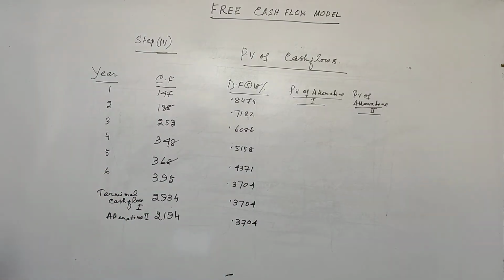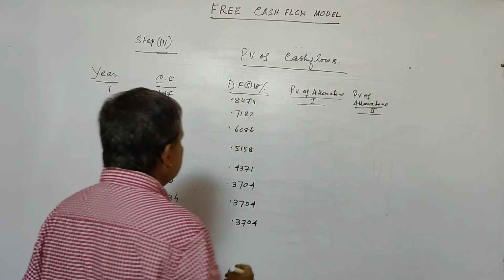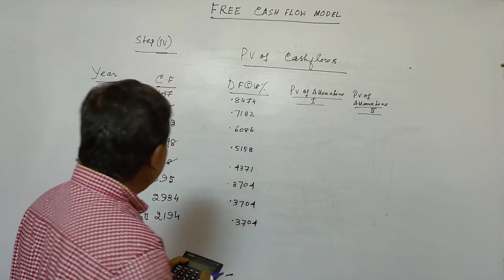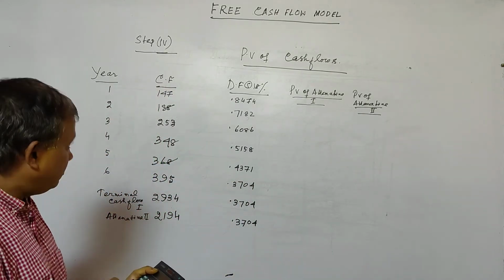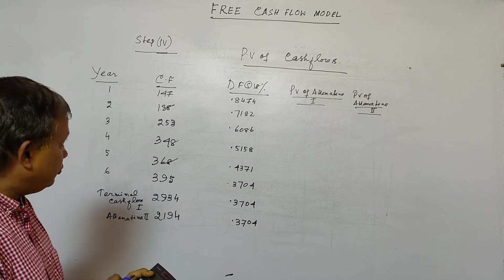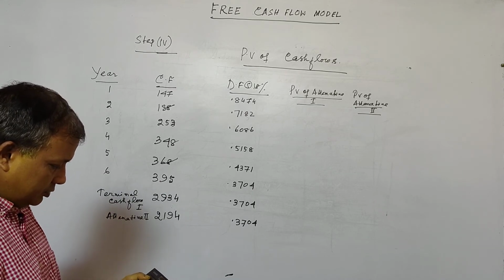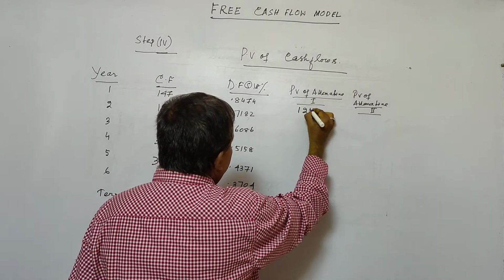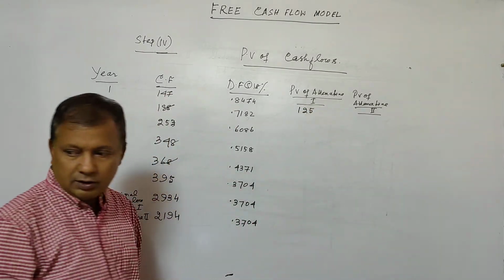Then we shall come to alternative 1 and alternative 2. How much is the cash flow? So 147 into 0.8474 comes to 125, right?